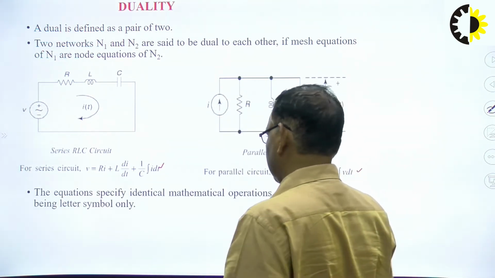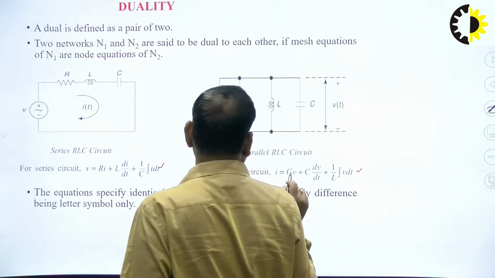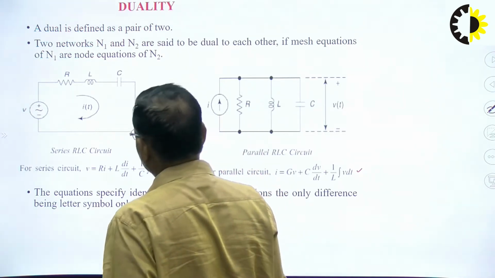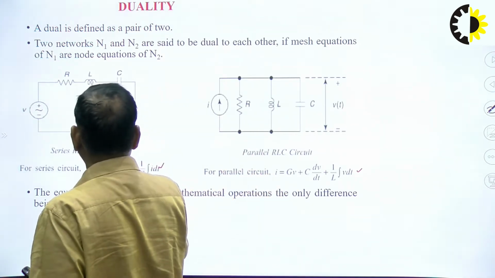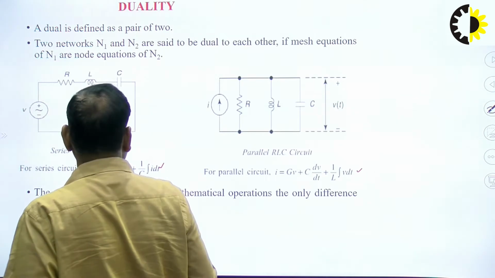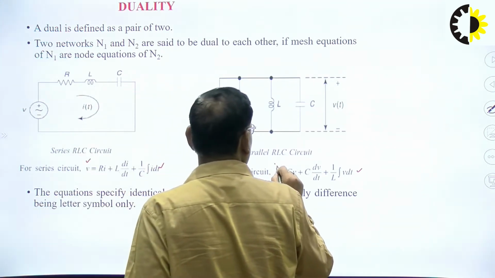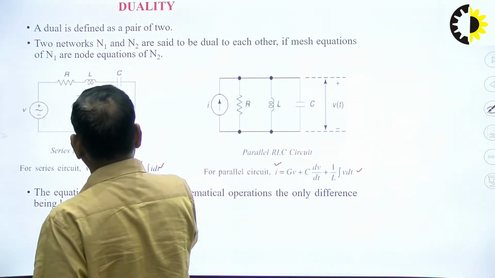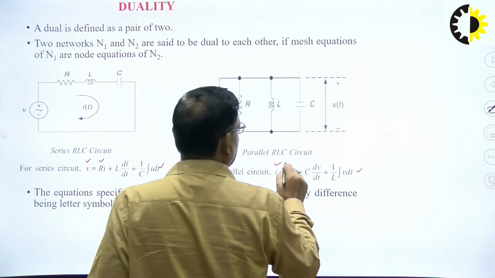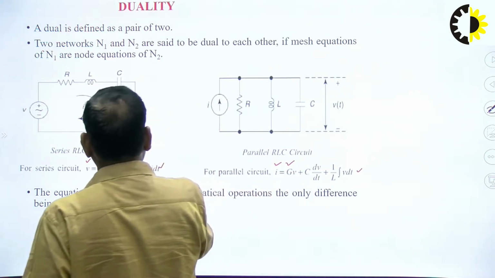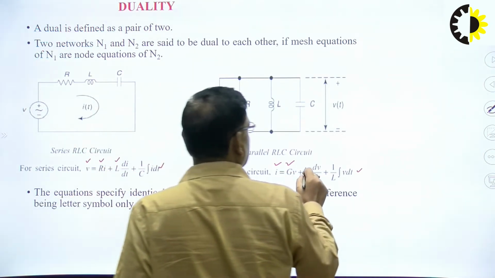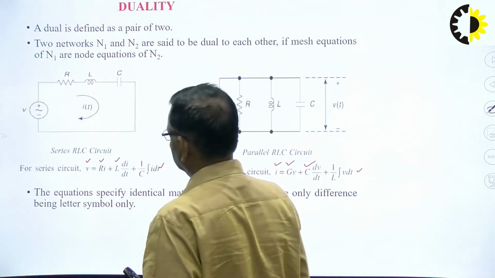These equations specify identical mathematical operations. The only difference is that in the latter, in place of voltage we have the current, in place of resistor we have the conductor, then the inductor, then capacitor, and so on.